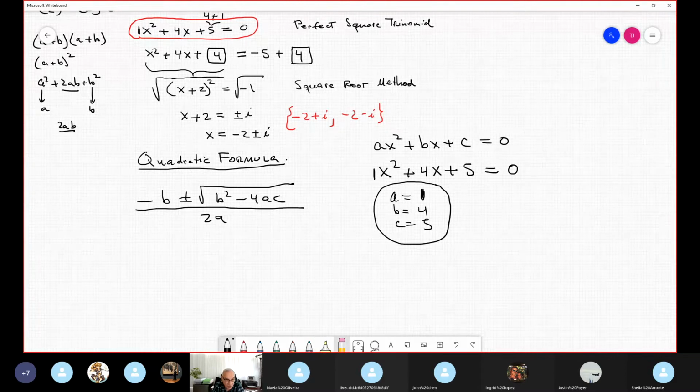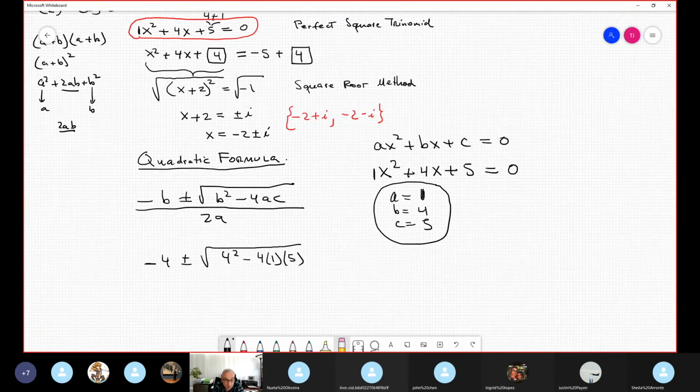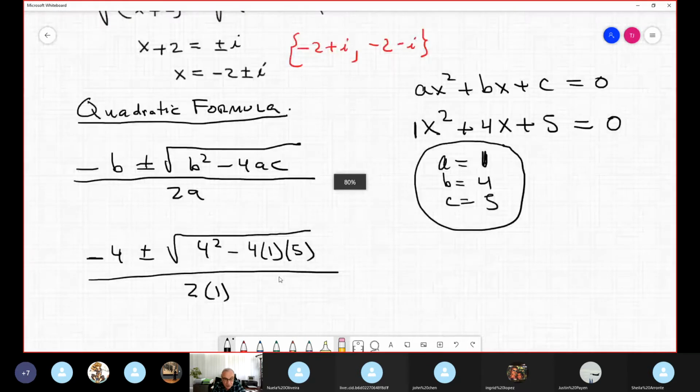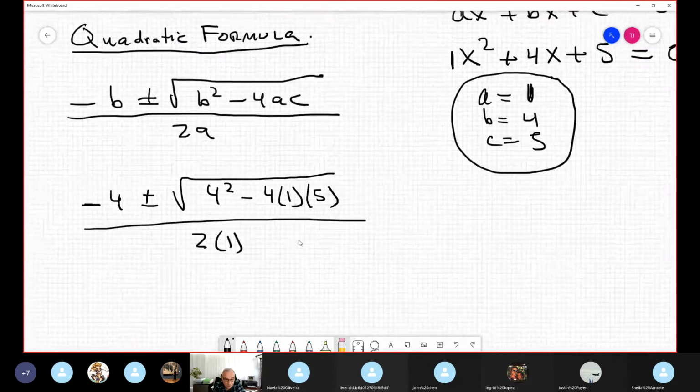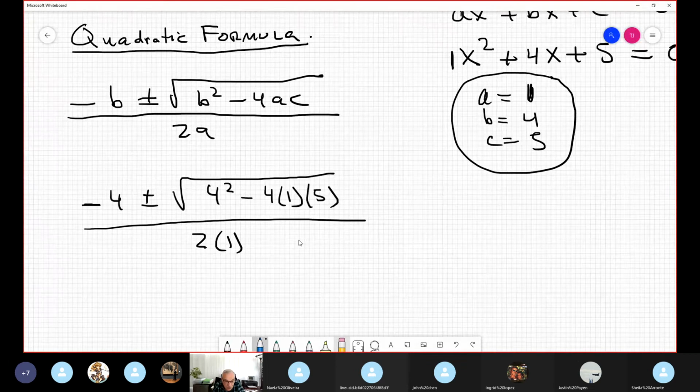Okay, minus, the formula has a minus b, but b is 4. Plus or minus the square root of 4 squared, because b is 4, minus 4 multiplied by 1 multiplied by 5, divided by 2 times 1. Don't do any operation, only plug into the formula. Now you focus according to the order of operations, on the operation inside the radical.